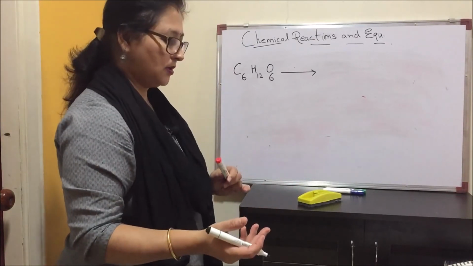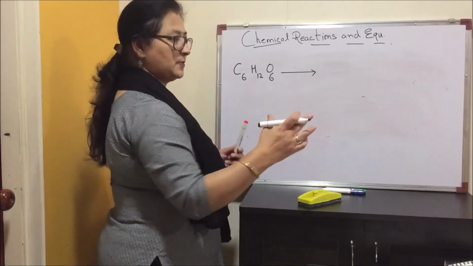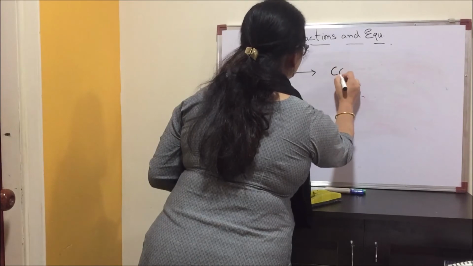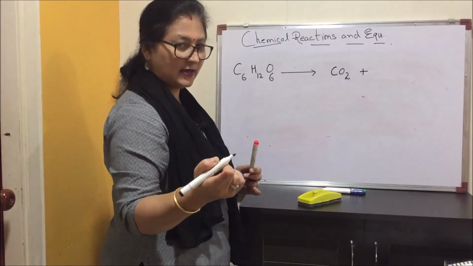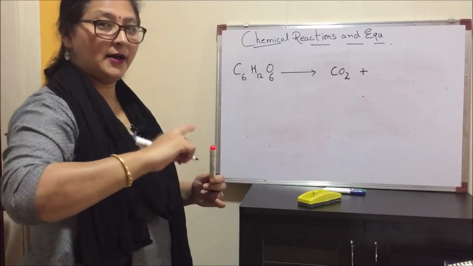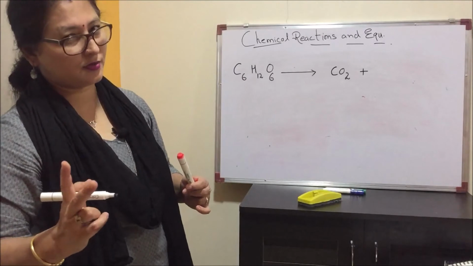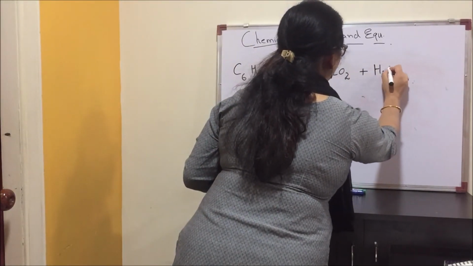What is formed when the glucose is burned? Carbon dioxide is released. This is a respiration reaction. So carbon dioxide gas is released plus water will be released. I told you before, when carbon compounds burn, carbon dioxide is released and water is also formed.